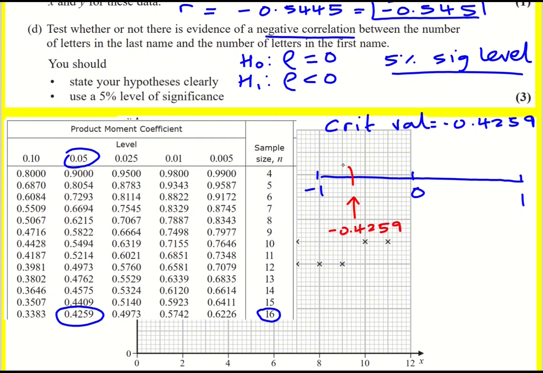So then our correlation is going to be here. So the critical region is all of this, and we can see that we're in it. So I'll just write down that minus 0.545. I know I've rounded it, but it's okay. That is less than my critical value.